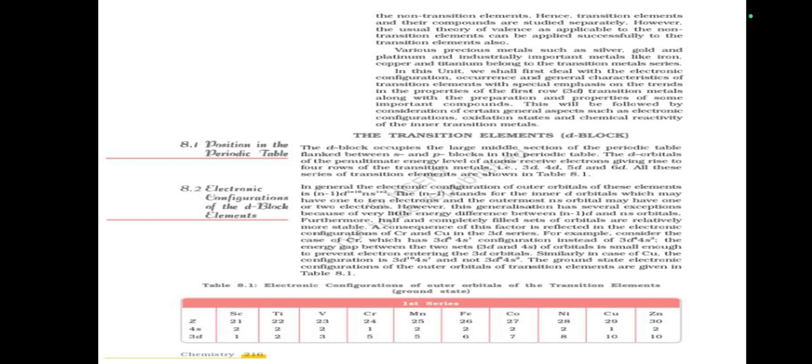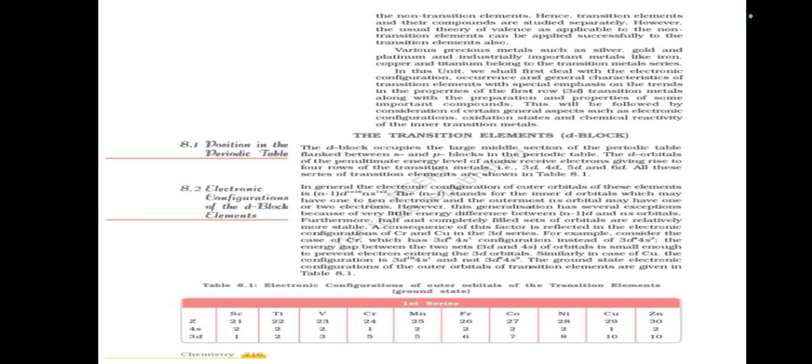The consequence of this factor is reflected in the electronic configuration of Cr and Cu in the 3d series. For example, consider the case of Cr, which has 3d5 4s1 configuration instead of 3d4 4s2.